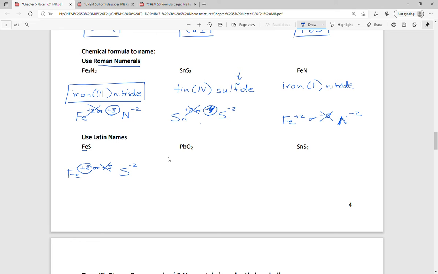So that would be the lower, so that would be the ferrous sulfide. My pen is pulling things together. So ferrous sulfide.